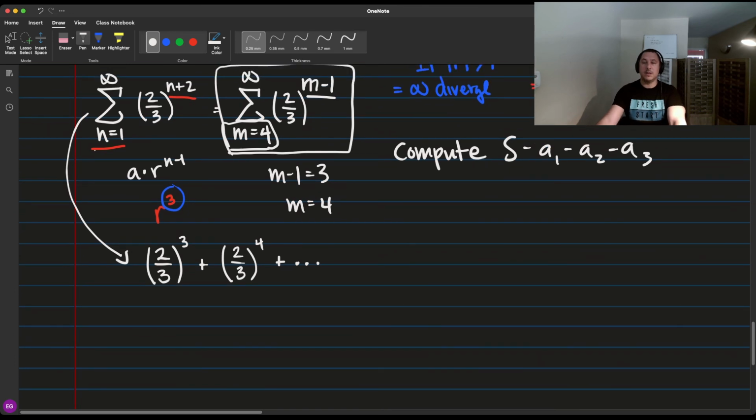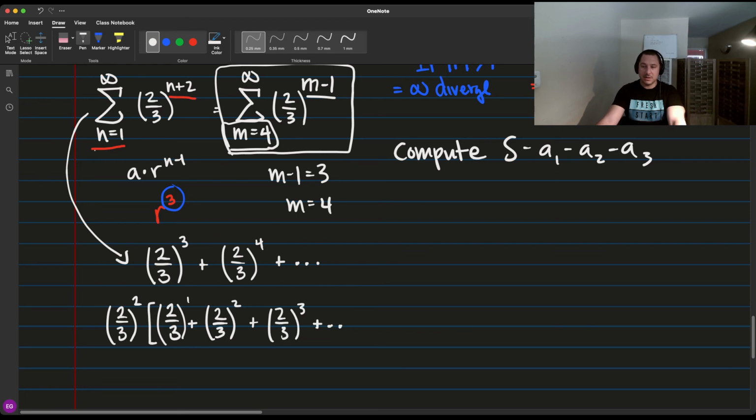Okay, so do you see how you could factor out a 2/3 squared? And then this one would be 2/3 to the first, and then you'd have like 2/3 to the third with all of those terms.